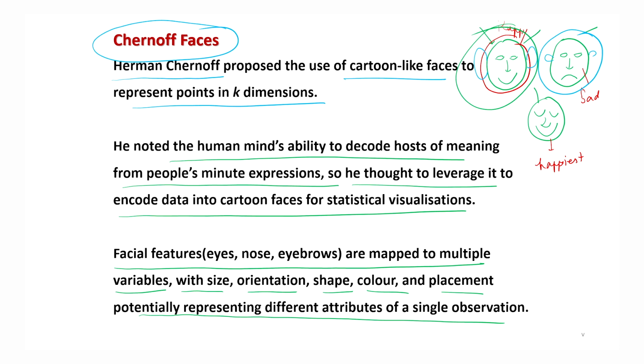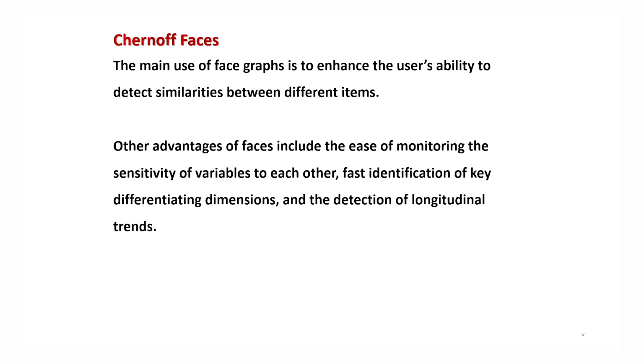This is how we can create multivariate graphics. So the main use of this face graph is to enhance the user's ability to detect similarities between different items. Why? We sometimes make a statement, okay, his face is very similar to someone, for example, his father's face or mother's face.